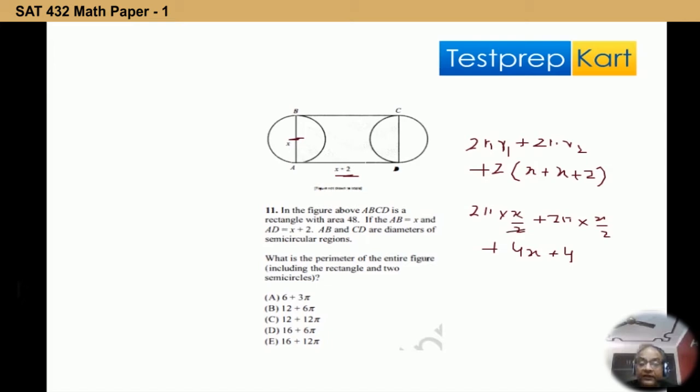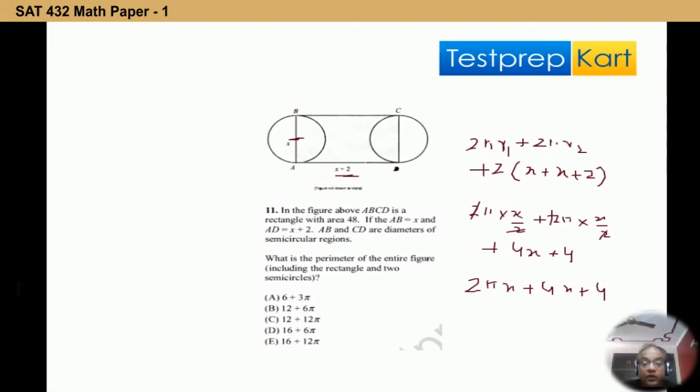And if you cancel this 2 by this 2, I get 2 pi x plus 4x plus 4.